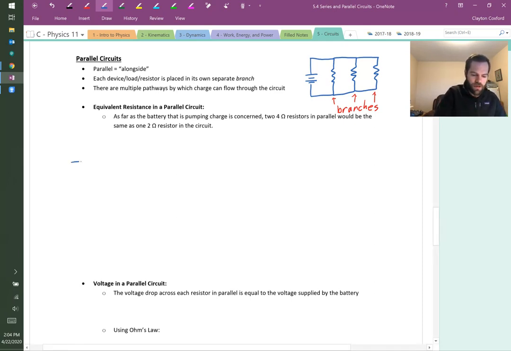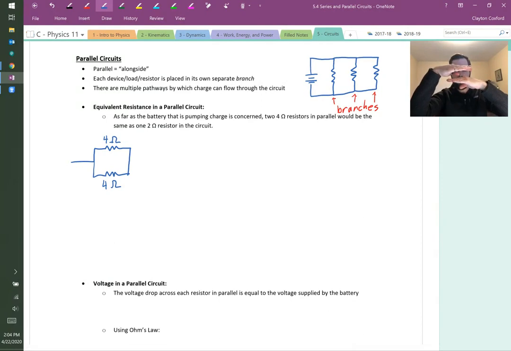Let's think about that. Here we have a 4 ohm resistor and another 4 ohm resistor connected in parallel to each other. Parallel meaning they're not connected one after another, but they are stacked next to each other, both ends connected together.